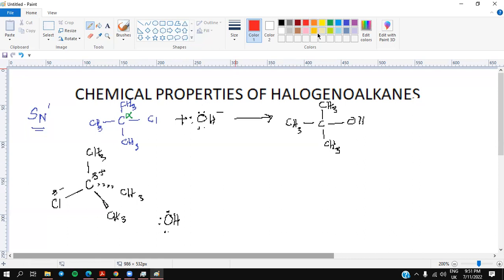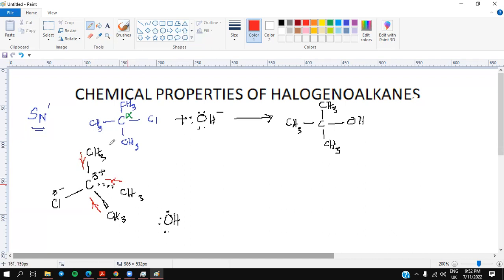Positive inductive effect means the ability of an alkyl group to donate electrons to a positively charged carbon atom. There are 3 CH3 groups. So this CH3 group gives electrons through positive inductive effect. This CH3 gives electrons. This CH3 also gives electrons.